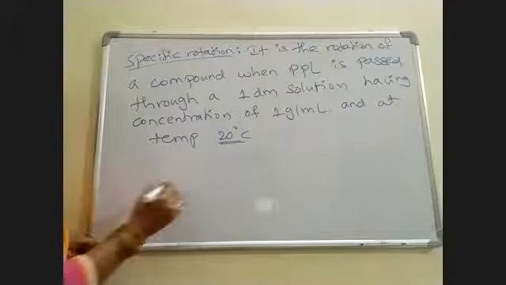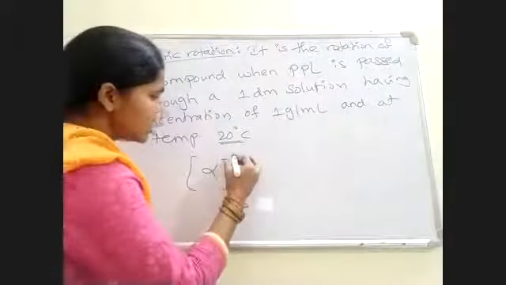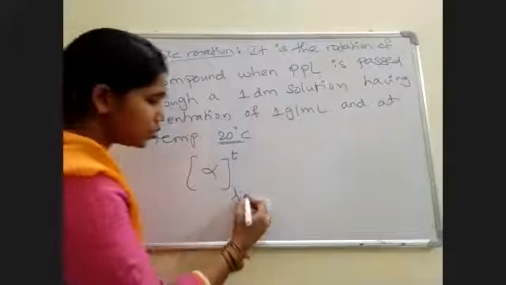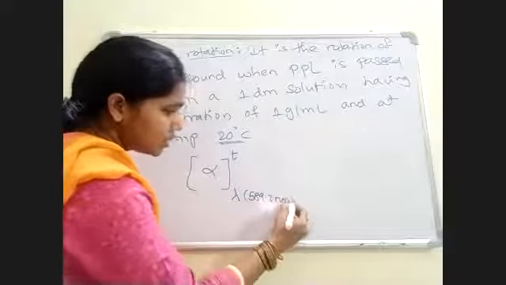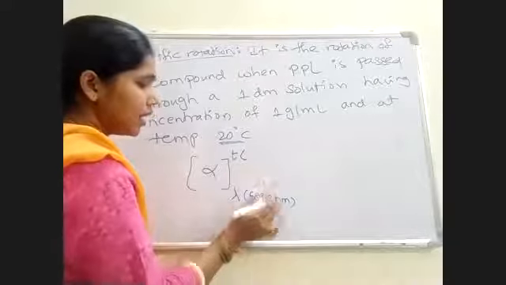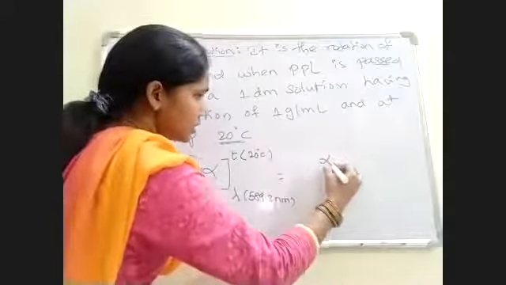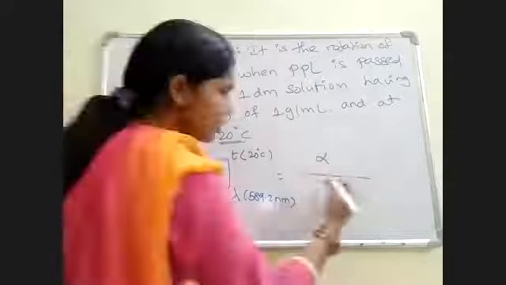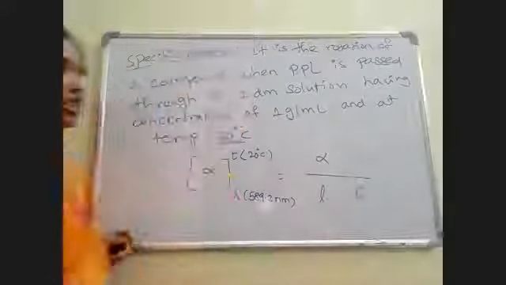That is represented as alpha in square brackets. The temperature is written here and the lambda value is taken here. Lambda is usually 589.3 nanometers; here we'll take sodium light, and the temperature is 20 degrees centigrade. It is equal to the angle of rotation divided by the length of the tube times the concentration.